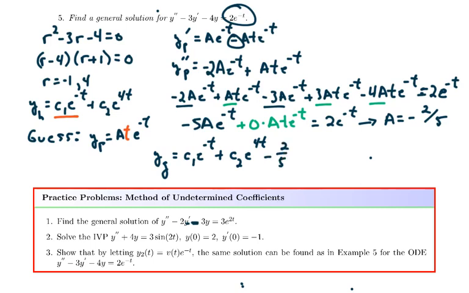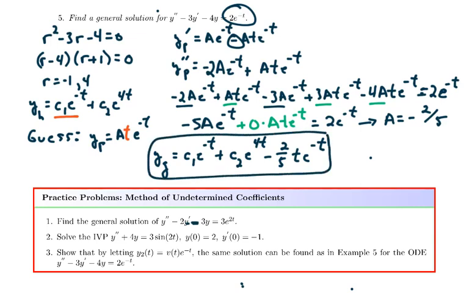This is our particular part for a t e to the negative t. And there is our general solution. Enjoy practicing the practice problems at the bottom, and contact me if you have questions.